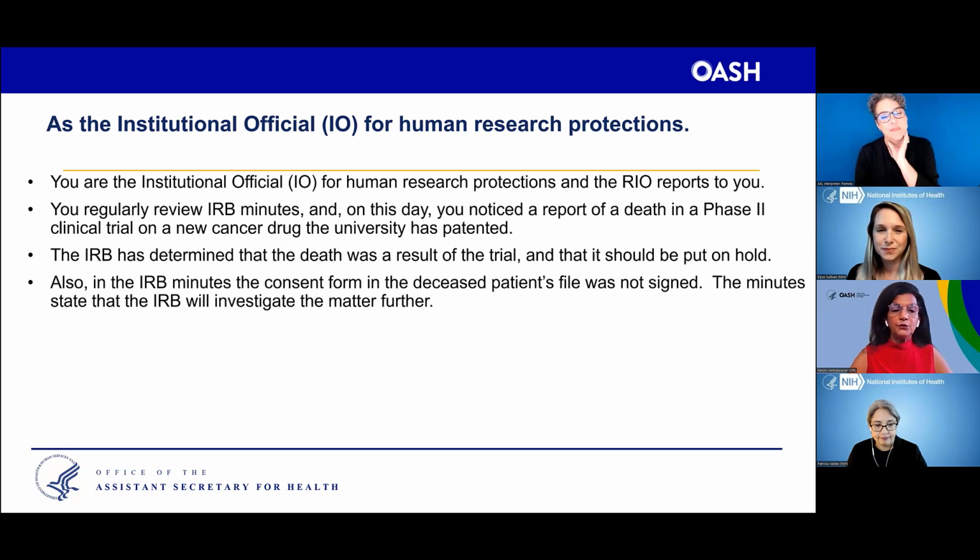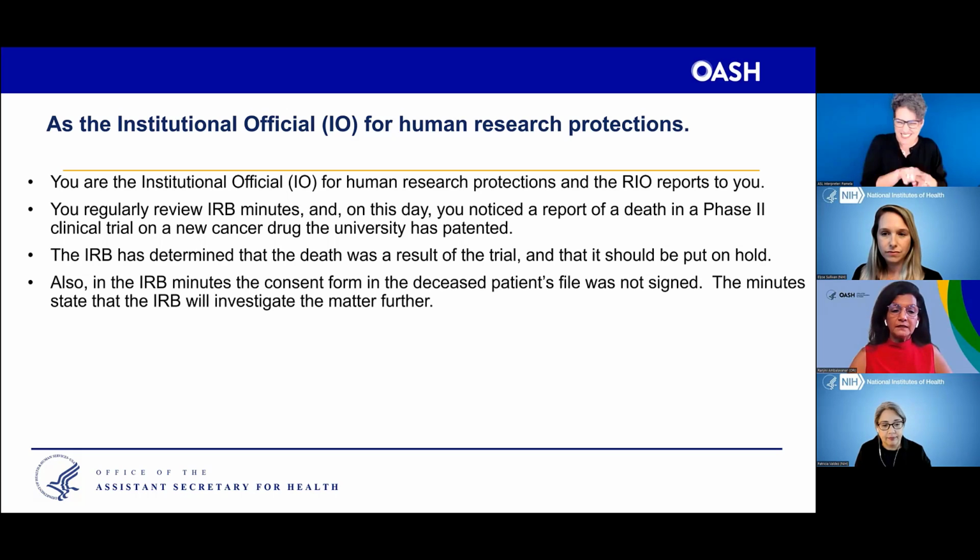Okay, say you are the institutional official for human research protection, and the RIO somehow was informed about this and reports to you. You regularly review IRB minutes, and on this day, you notice the report of a death in a phase 2 trial in the same case.